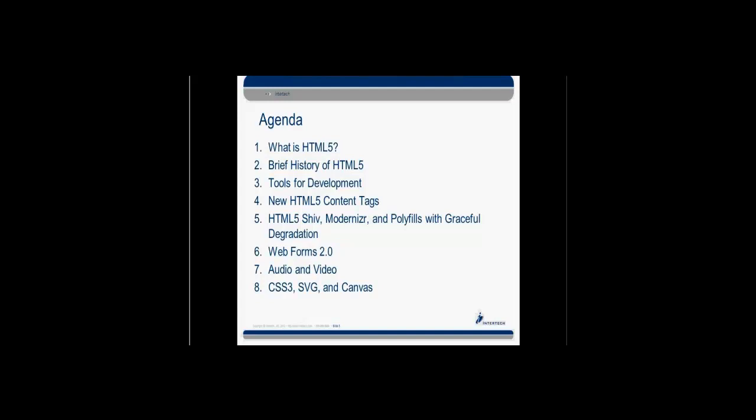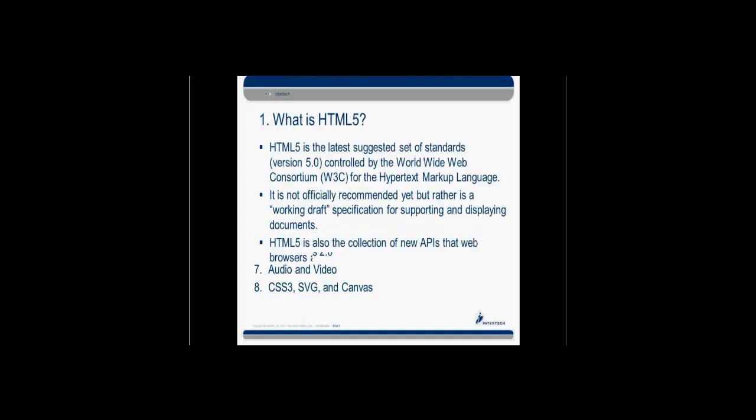I'll go through that. And then the final piece here, we'll talk about CSS3, some of the cool things that are there. We'll also talk about SVG and Canvas, reminding everybody that SVG is not part of HTML5. SVG has been around for a long time. Canvas, though, is purely HTML5. So we'll talk about it, and we'll look at some examples of drawing some graphics up on the screen.